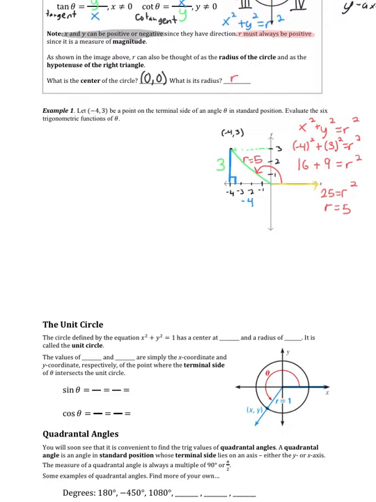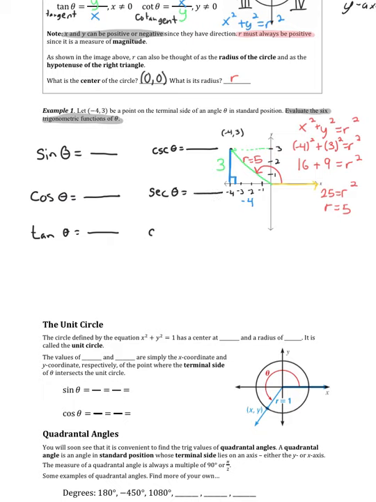The next part I need to do is evaluate the 6 trigonometric functions. Basically, I just need to set up the ratios. So I'm going to say sine of theta, cosine of theta, tangent of theta, cosecant of theta, secant of theta, and cotangent of theta.